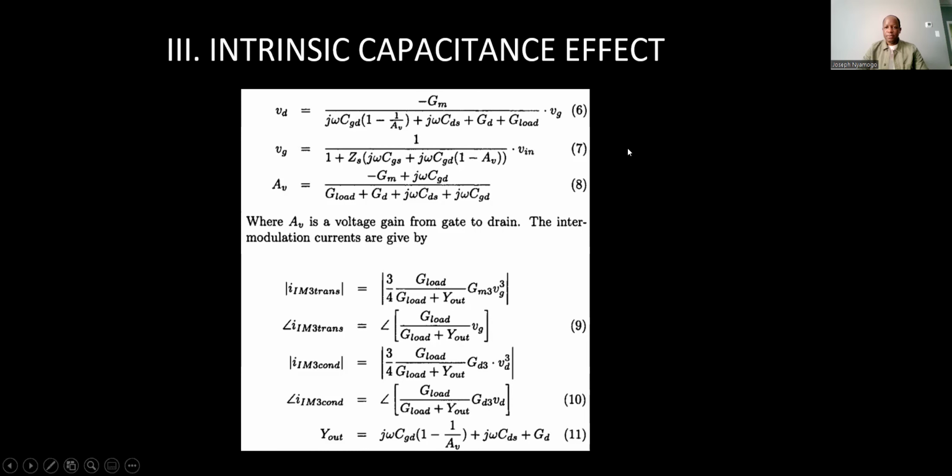So it's VD, equation 6, VG, equation 7, AV, equation 8, where AV is the voltage gain from gate to drain. The intermodulation currents are given by equations 9 and 10, and Y out is given by equation 11.